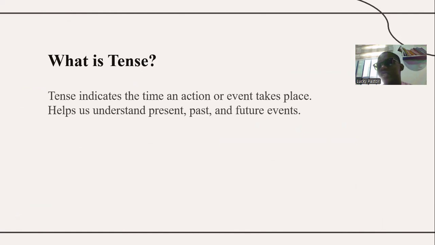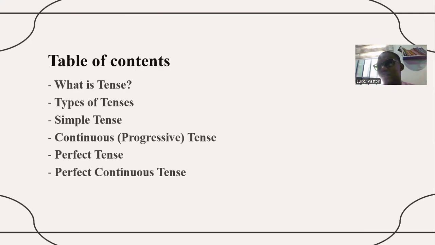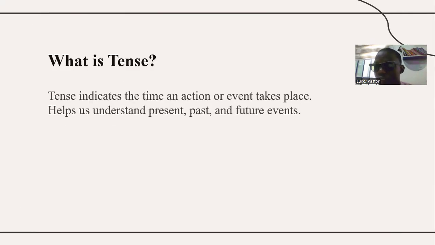We're going to be looking at the definition of tense. We're going to be looking at the types of tenses, looking at the simple tense, the continuous progressive tense, the perfect tense, and the perfect continuous tense. These are the different areas we'll be looking at in English.